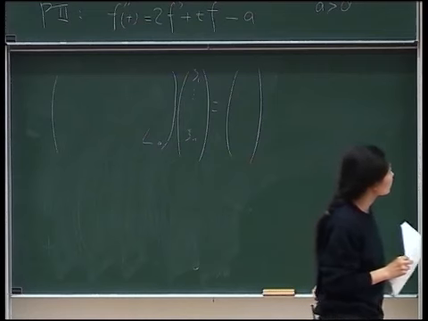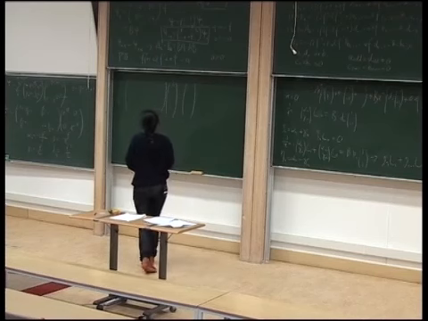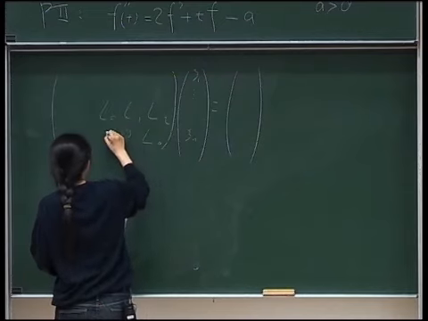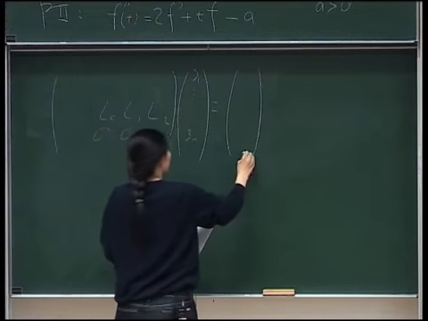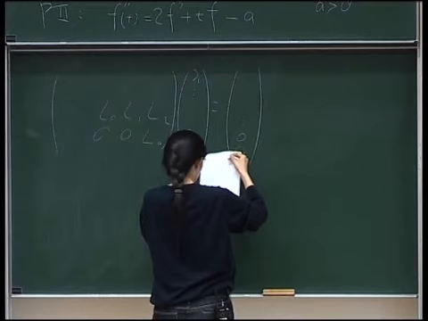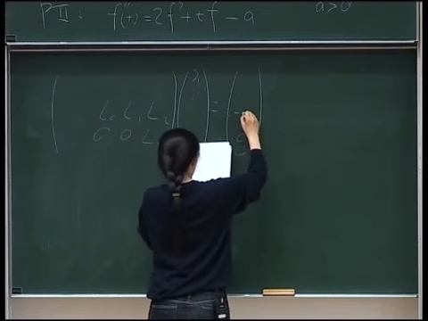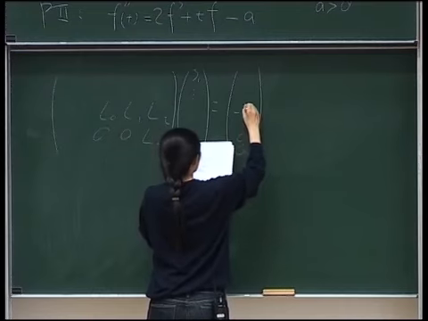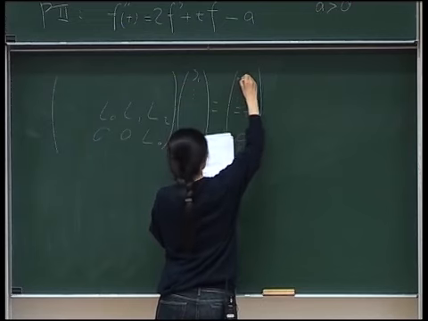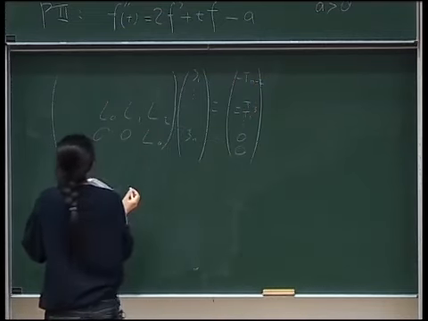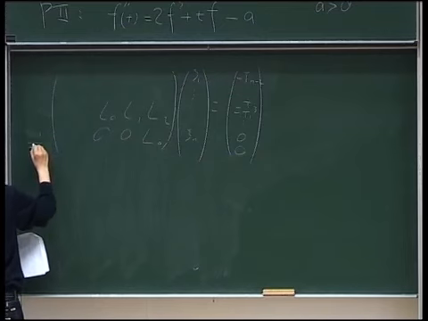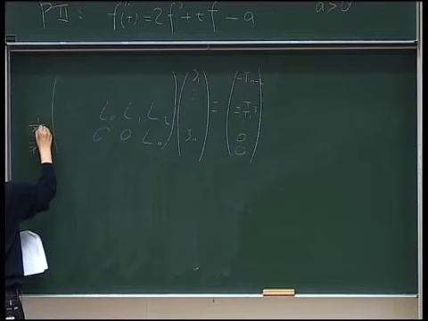So the next one is 2, 1, 0. So these are zeros until they become the last line, which comes from the equation of this, and the second one is x n minus 2.